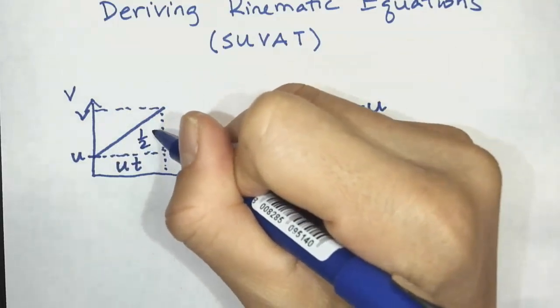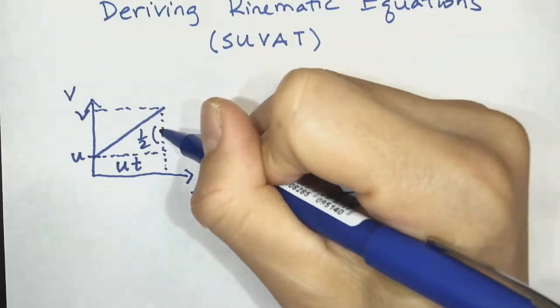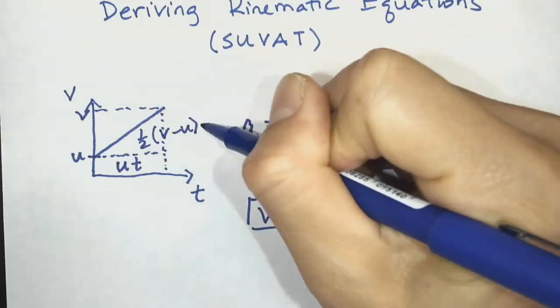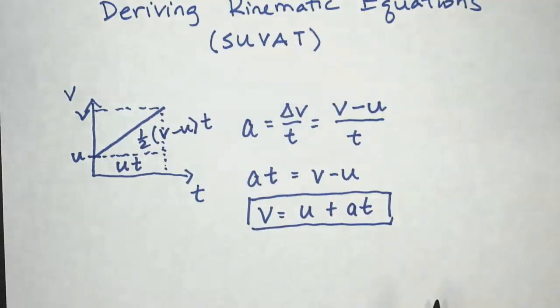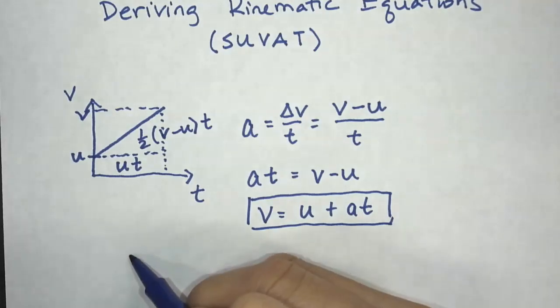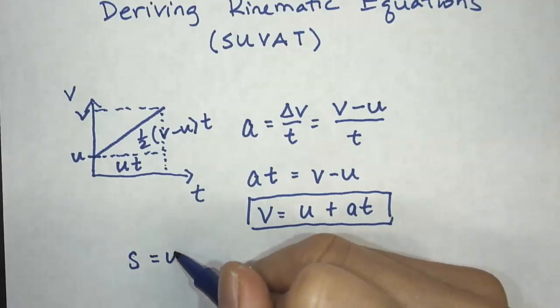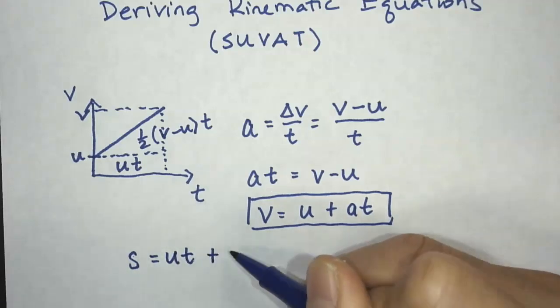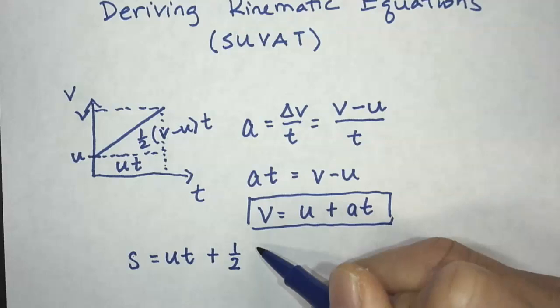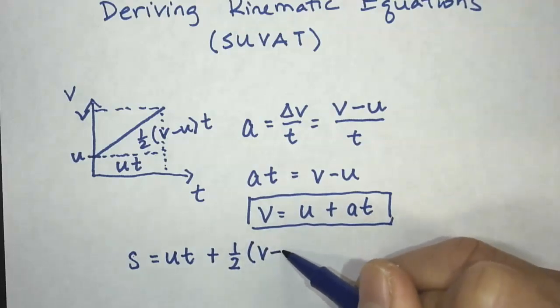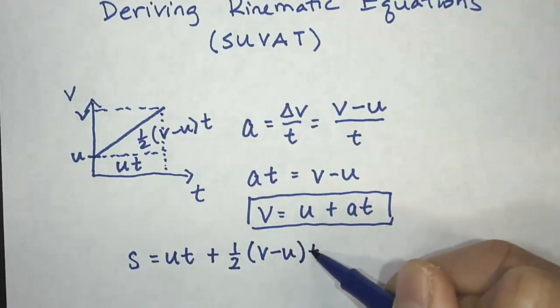So 1/2, and the height is V minus U, and then times T. Okay. So now I have the displacement is equal to, I'm going to add up that area, which is UT plus 1/2 times V minus U times T.